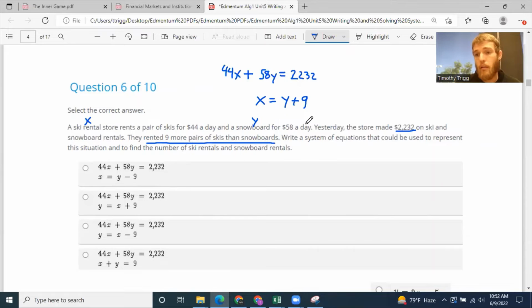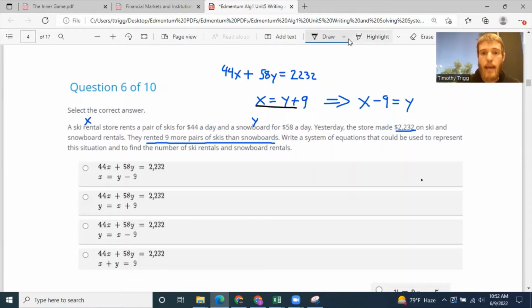But one thing, I wrote my equation like this, but another way we could write that is that if I take the number of ski rentals and subtract 9, that'll give me the number of snowboard rentals. So there might be more than one way to write a proper equation, but the thing to keep in mind is that these two equations are actually the same, because I can go from this equation and create the second one.